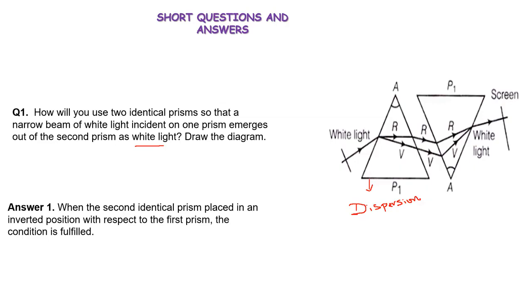When I put another prism over here, the phenomenon taking place is recombination. Due to the recombination of the light, I am getting white light at the end on the screen. So you can write down the answer which I have mentioned here, and you have to draw this diagram. You have to mention the dispersion and recombination done by the 2 different prisms.